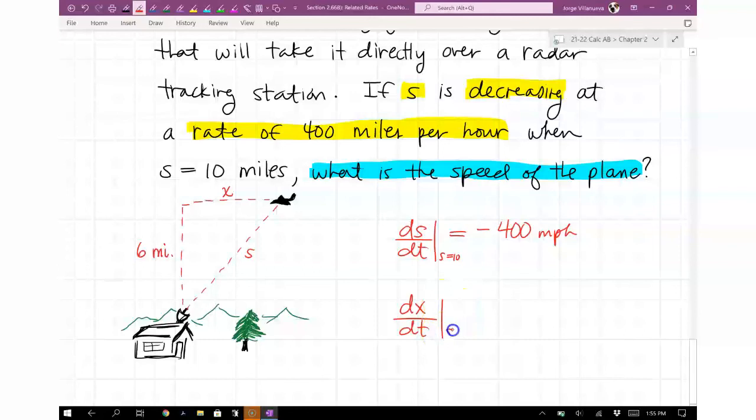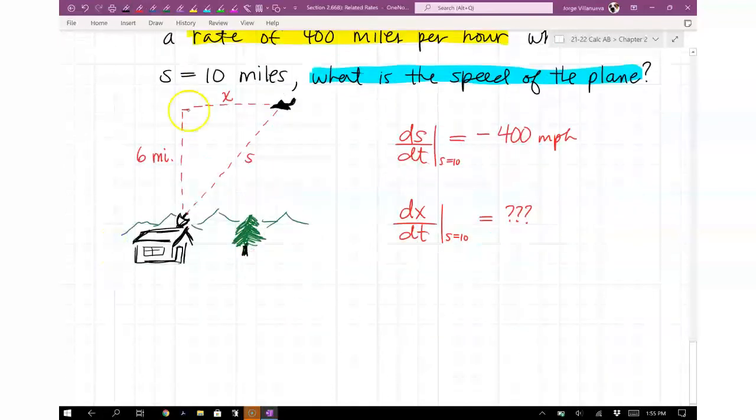And we're going to put at when s equals 10, right? That's what we're trying to figure out. So, what equation should I use? This isn't a circle. The Pythagorean theorem. It's a triangle, right?